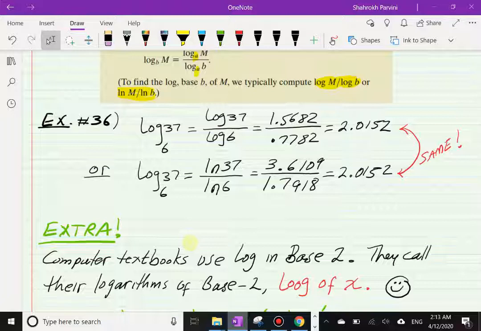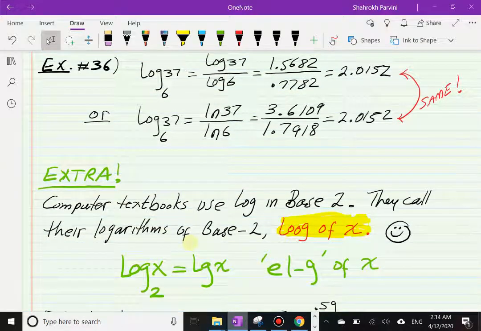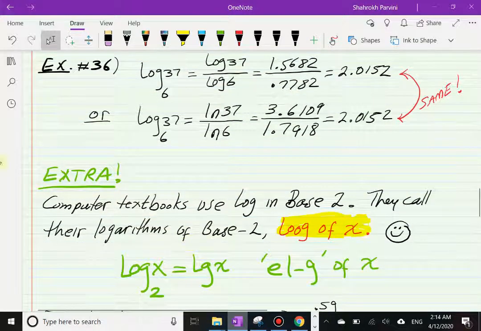So log base 2 is what they use in their textbooks, and they actually call a log base 2 a binary logarithm, and that's what I have highlighted right in here for you. Binary logarithms, which sounds pretty interesting. And how do they write it? They write it as lg right in here.